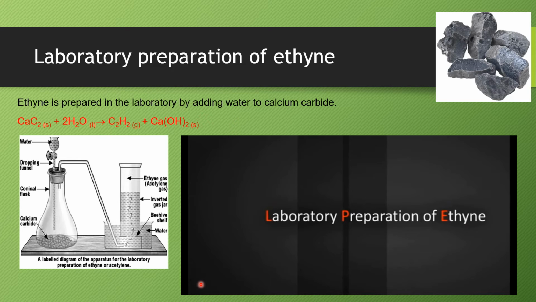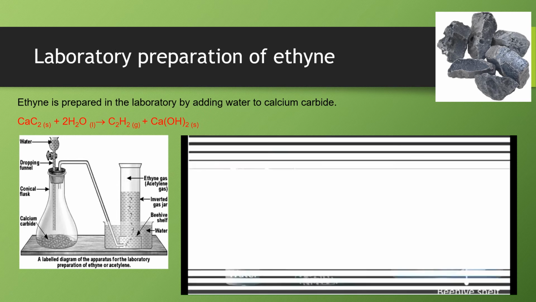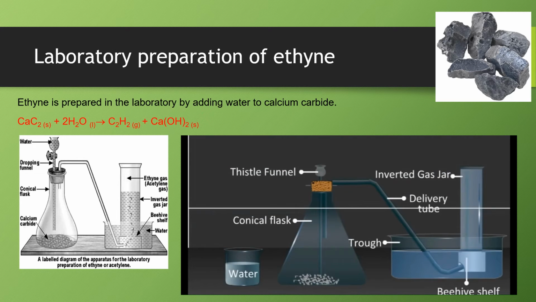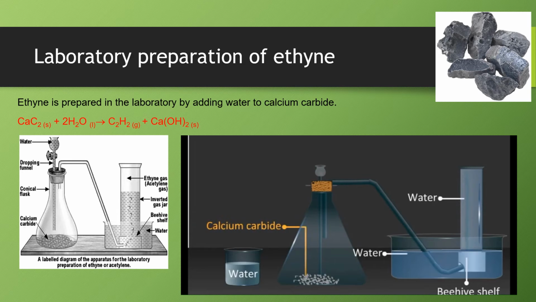Of ethane. The operation of ethane is shown. The apparatus used in the preparation of ethane is shown on the frame. In this method, a few pieces of calcium carbide are taken in a conical flask fitted with a dropping funnel and a delivery tube.